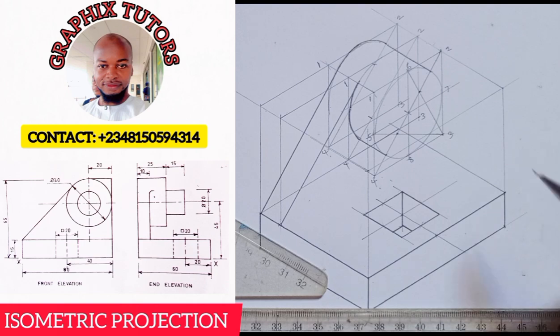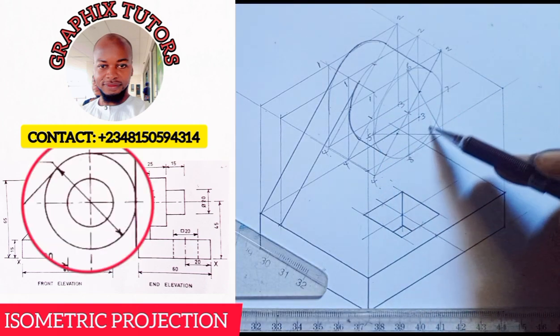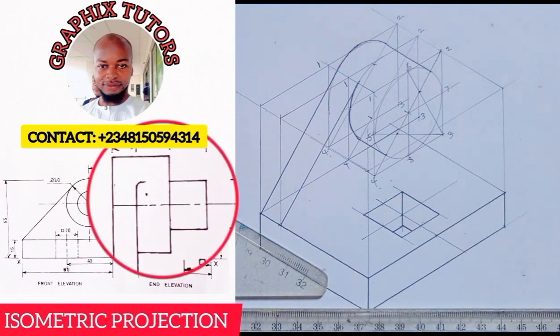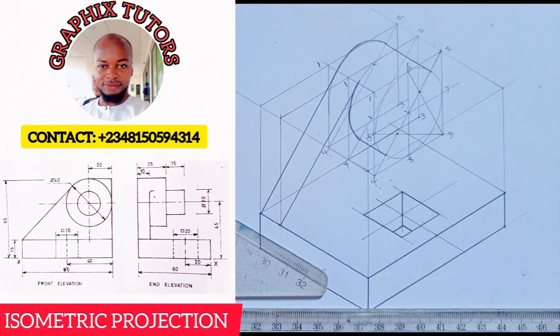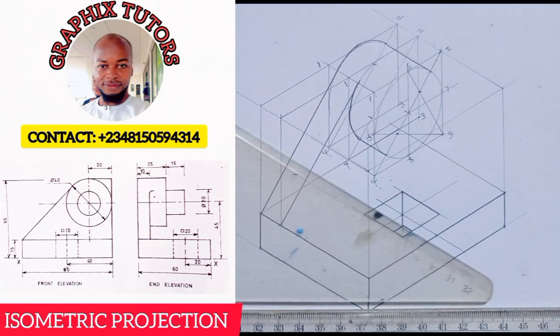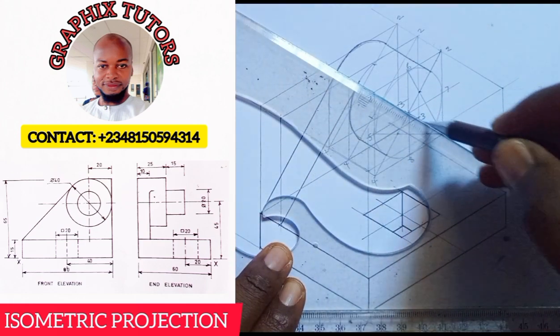So the next one is, before I thicken this, there's another cylinder from inside here that is extruded out, right? And to a distance of what? Of 15. So what I will do is, from the center here, I'll take my instrument and protrude it out a little bit.